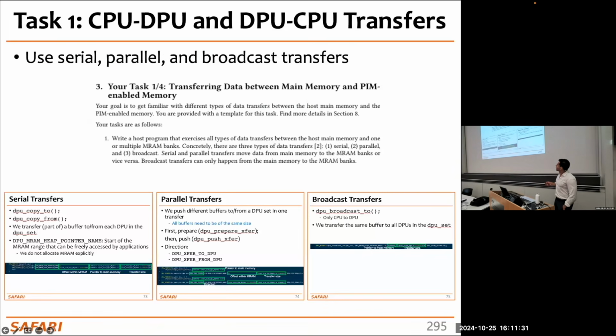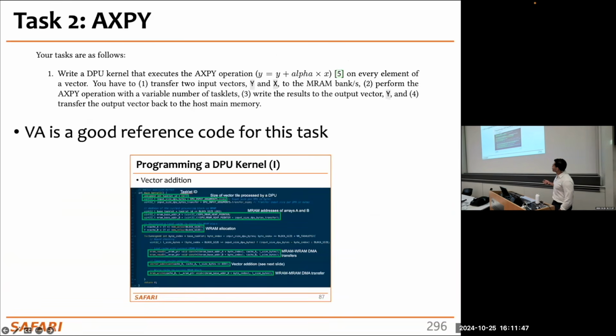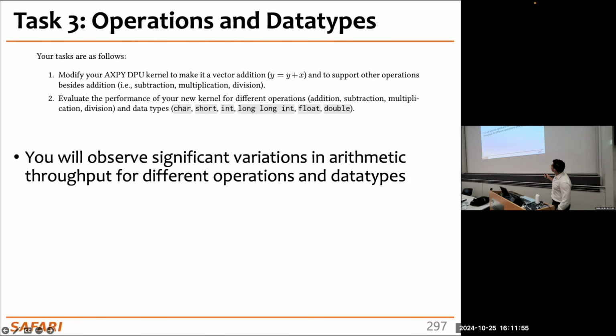You're going to find inside the handout two template files for task 1 and task 2. In task 1, you're just going to play along with those data transfers, serial, parallel, and broadcast, and measure their performance using instruction counts. And then in the second task, we are going to implement a simple kernel, which basically performs y equals y plus x.